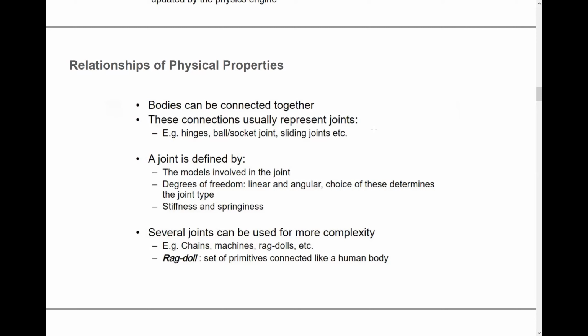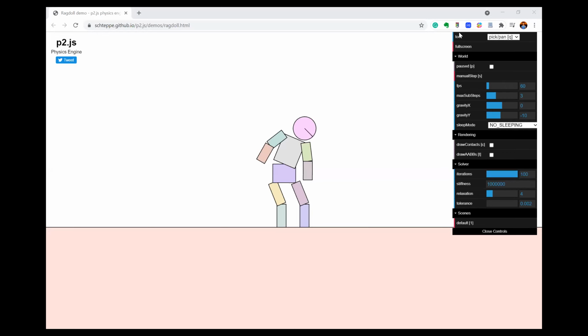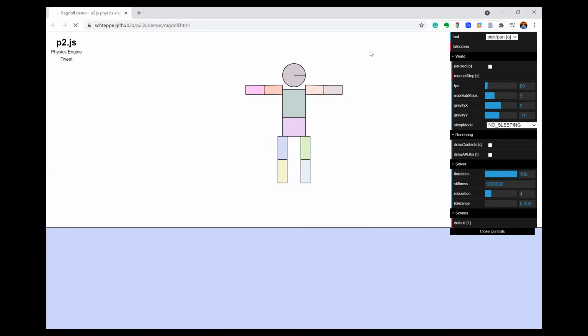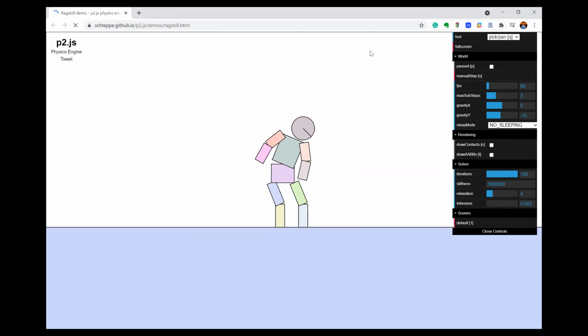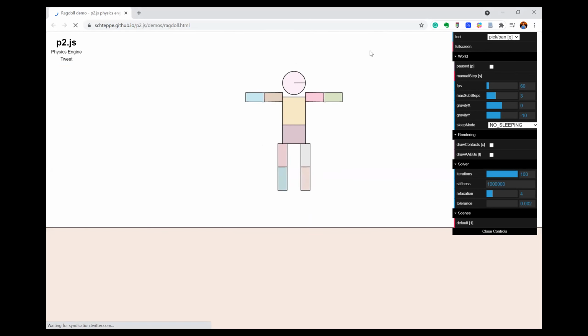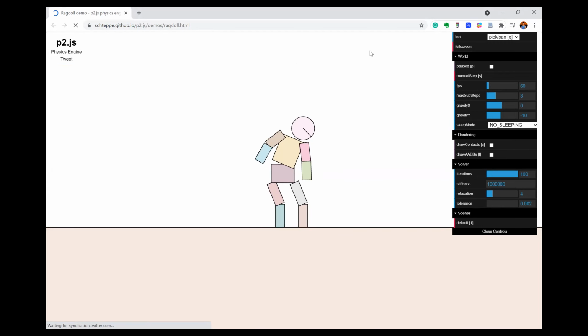So you use these primitives to develop an object which looks like a human body. Let me show that to you. So this is an example of that. So here we have used the set of primitives to develop an object that resembles a human body.